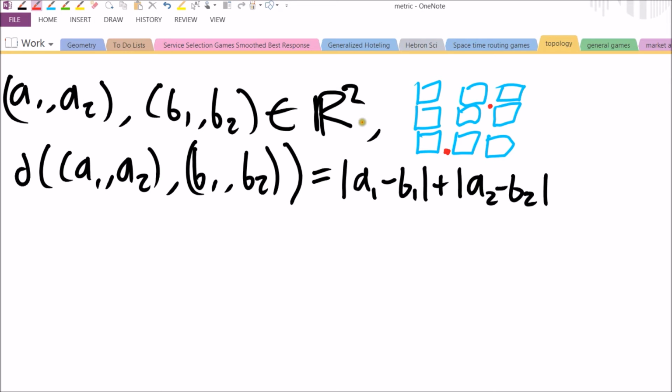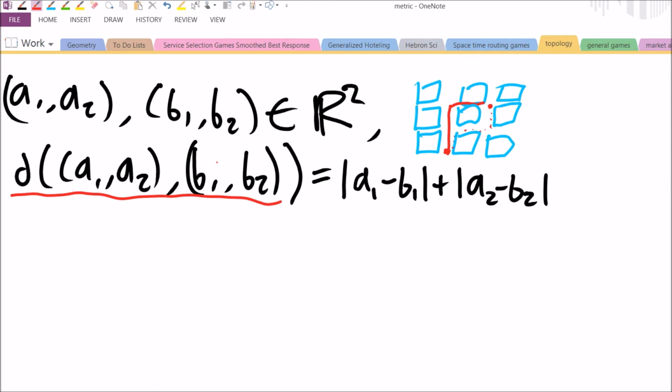So the actual driving distance for you is going to be equal to the total horizontal displacement plus the total vertical displacement. And you could go many different ways, but still end up having to travel at least the Manhattan distance, which is given by this metric here.